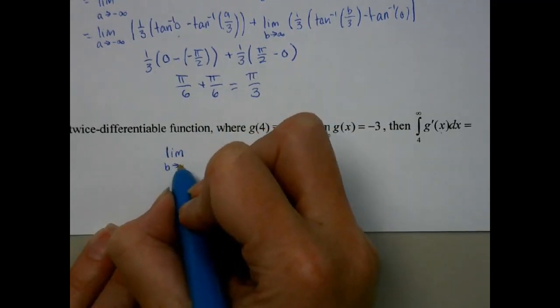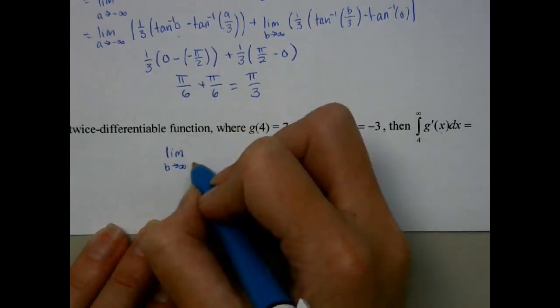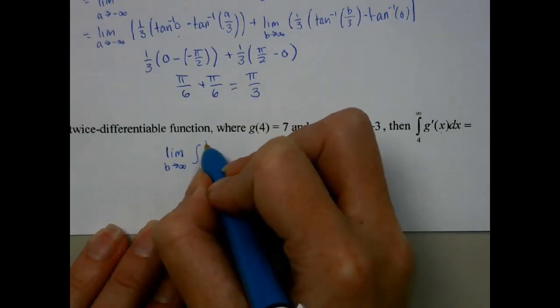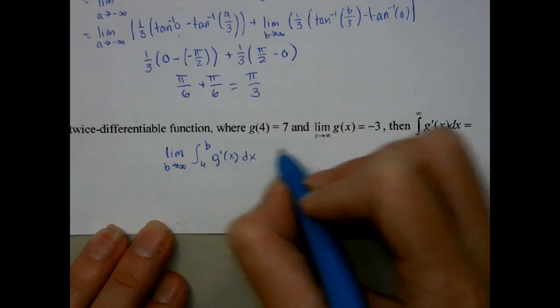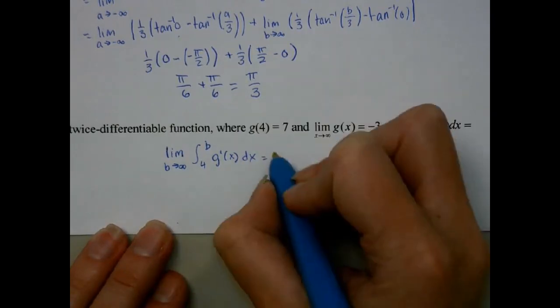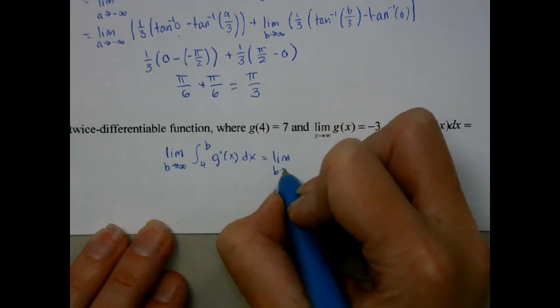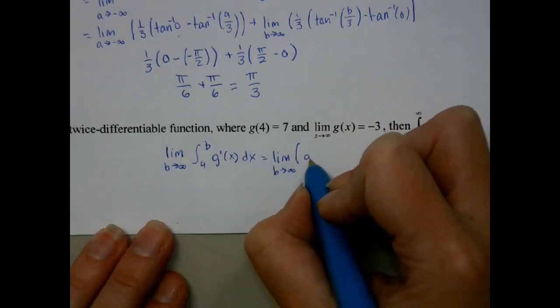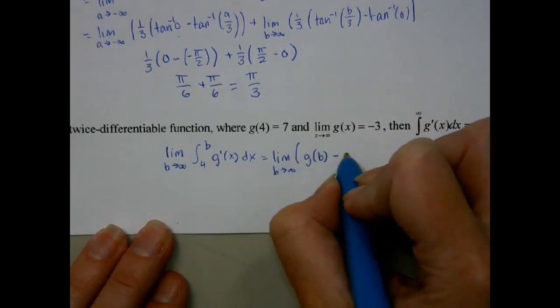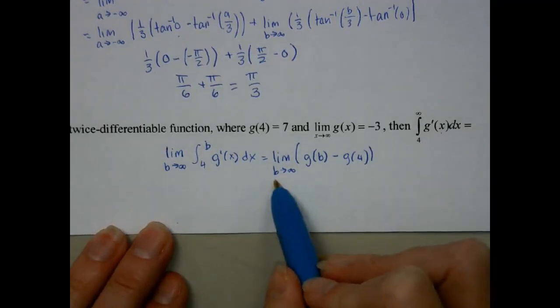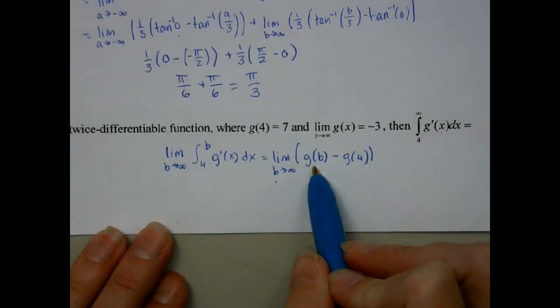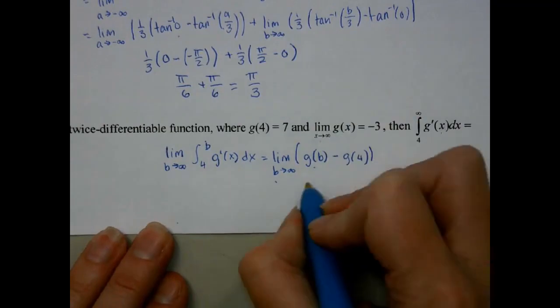That's going to be the limit as b goes to infinity of g of b minus g of 4. Well, the limit as b goes to infinity of g of b is going to be -3. G of 4 is just 7. So this is -10. So that is your Unit 6 review.